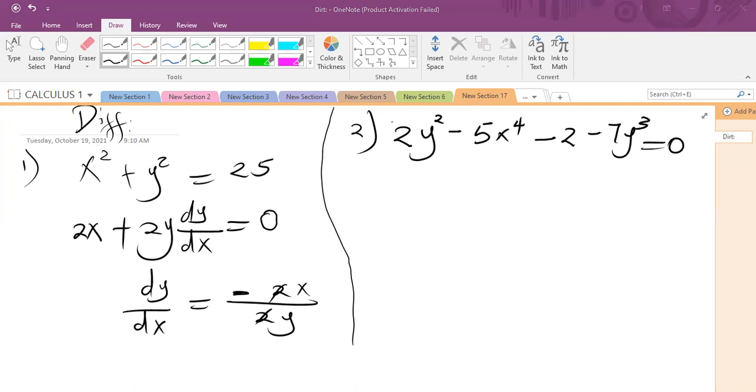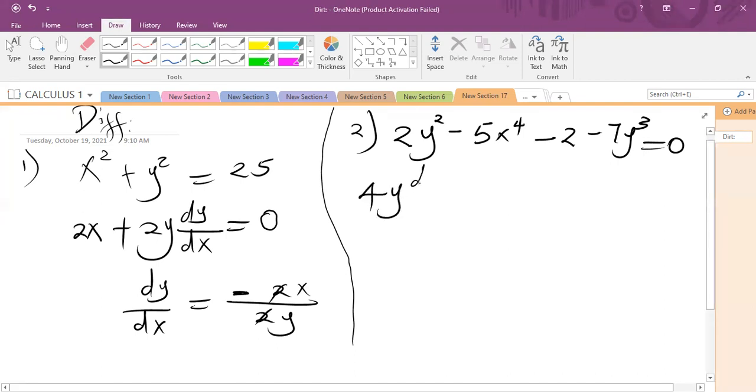So how do you go about differentiating that? So differentiating this first term, 2y squared will give us 4y dy dx minus differentiating 5x raised to power 4 will give 20x cubed minus differentiating 2 will get 0 minus differentiating 7y cubed will give 21y squared dy dx.